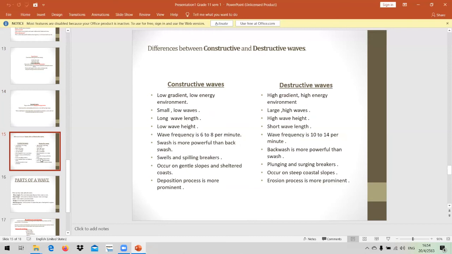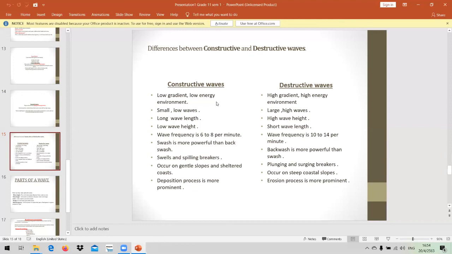Let's see their differences. We can have a table. On this table, we are looking at the differences between constructive and destructive waves. Constructive waves have a low gradient and low energy environment. But with destructive, it's the opposite.